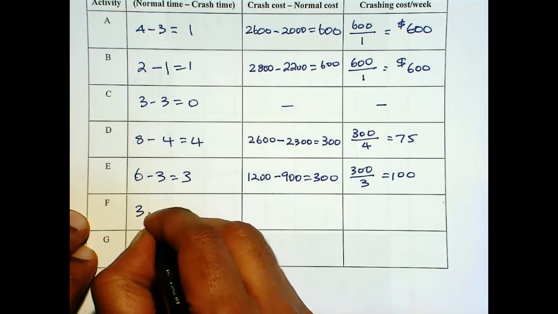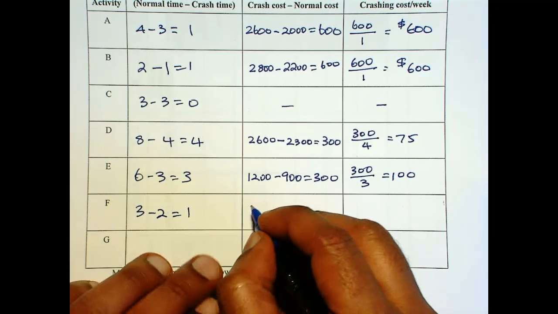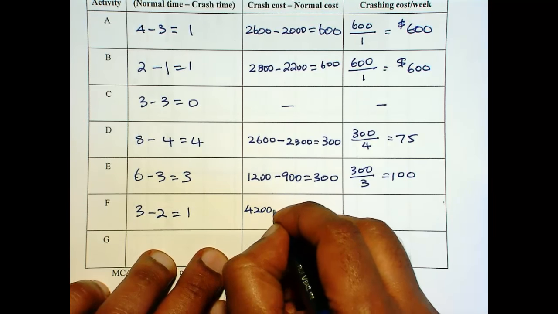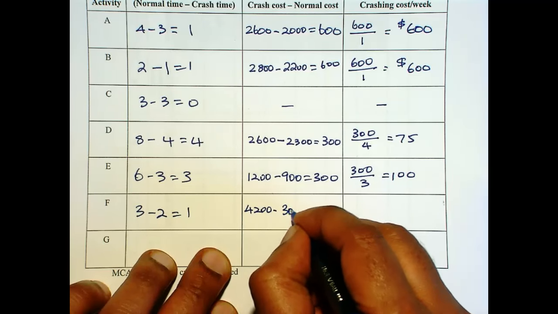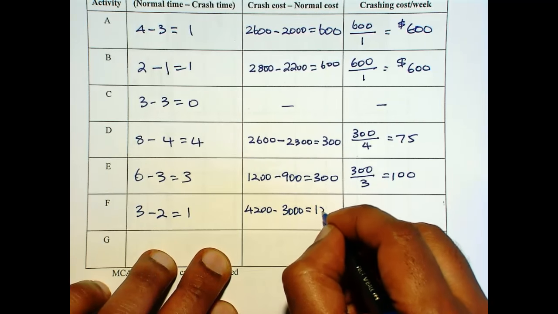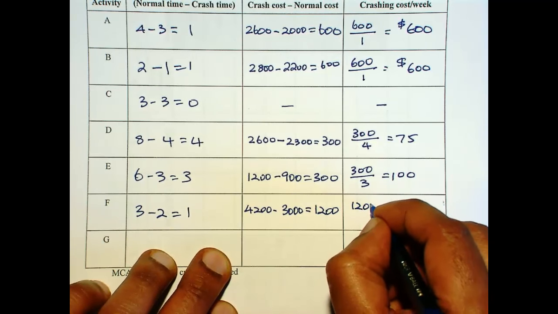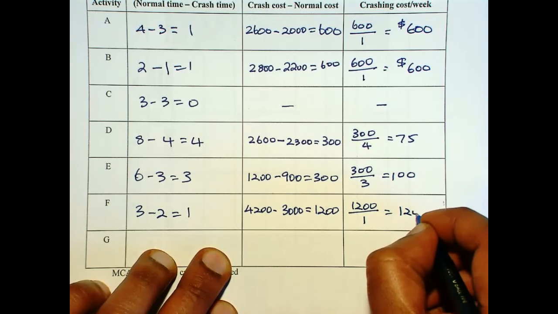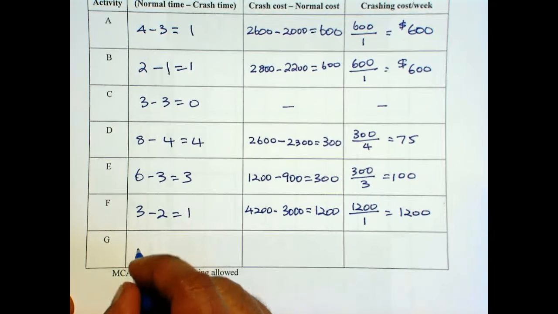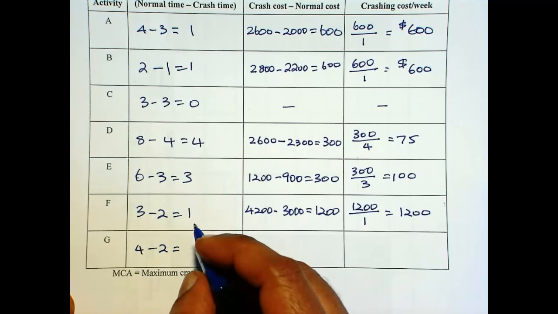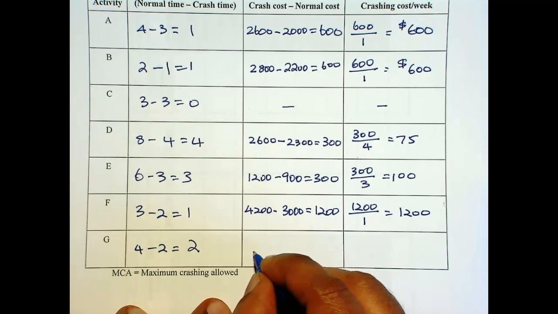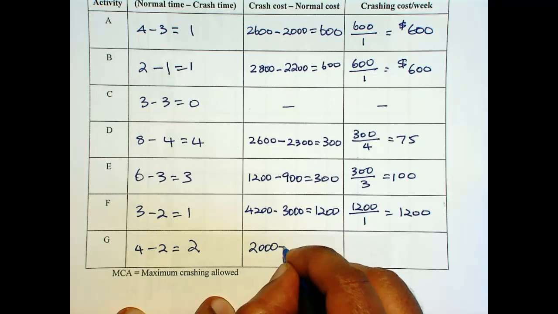Then 4 minus 2 is 2. 2000 minus 1400 is 600, and that's 300. Now remember, we have to only look at the critical activities.